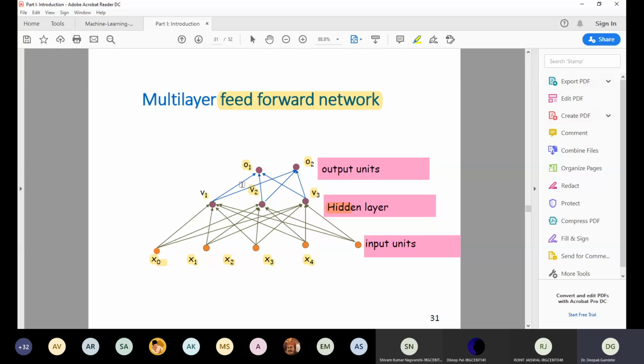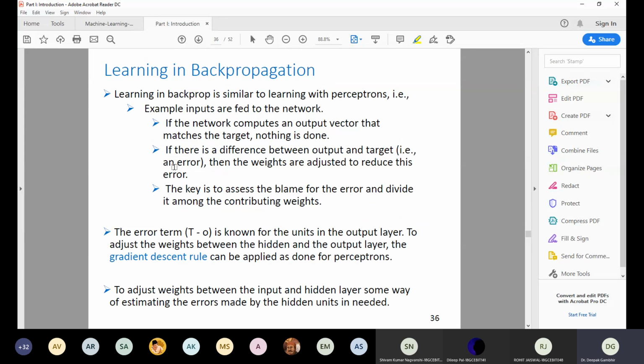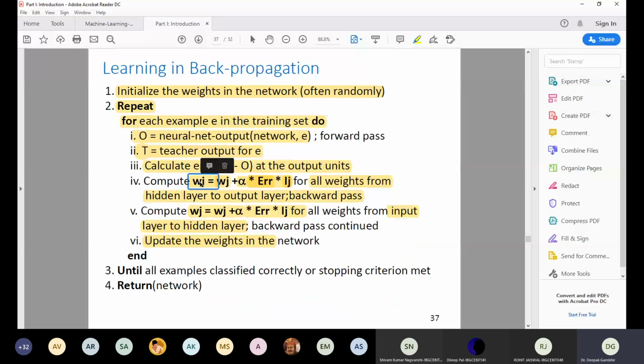One is the weight from V1 to O1, and another kind of weight is from X to V. These two kinds of weight you need to find in the case of multi-layer perceptron model. So you need to find Wj for hidden layer to output layer and the input to hidden layer. So these two weights you need to find.